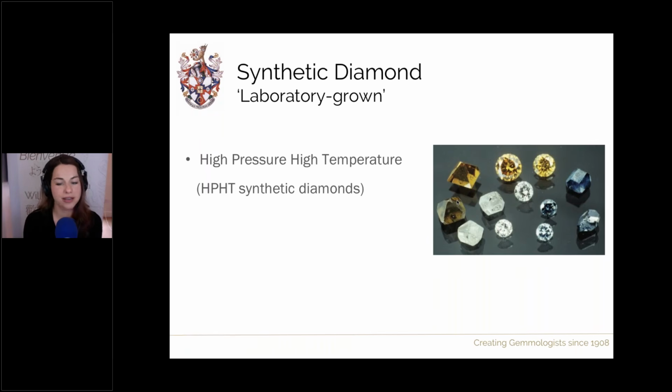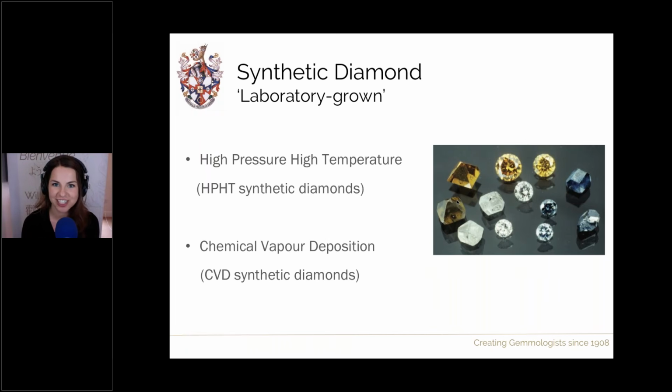But nowadays, the quality of these stones has really improved. Most that are being made are colorless and relatively inclusion free. So now they have become a lot harder to identify. And this has really all been happening within the last 10 years. The other type of synthetic diamond that is on the market is CVD diamond, or chemical vapor deposition.